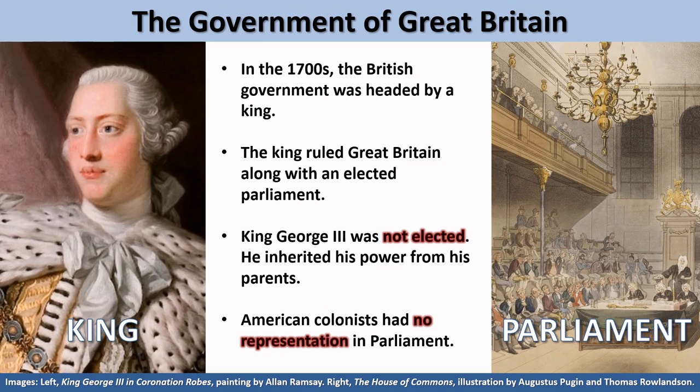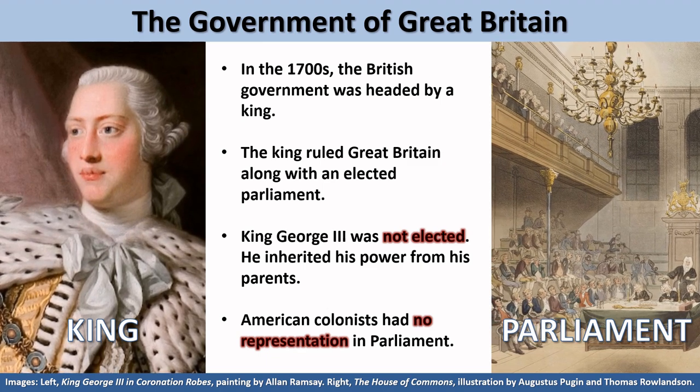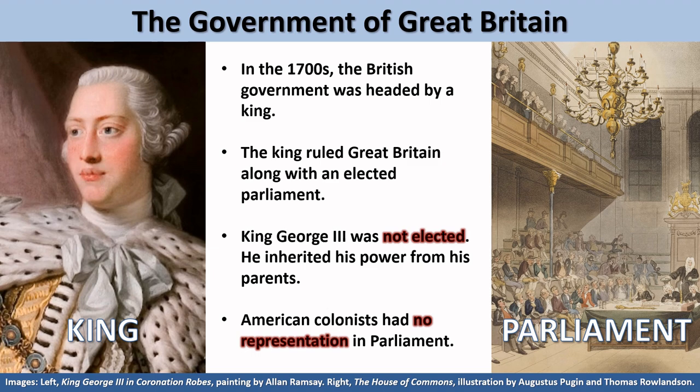Even though the king and his parliament made many laws that colonists had to follow, colonists did not get to vote for anyone in government. This lack of representation would become one of the biggest reasons Americans would declare independence from Great Britain.